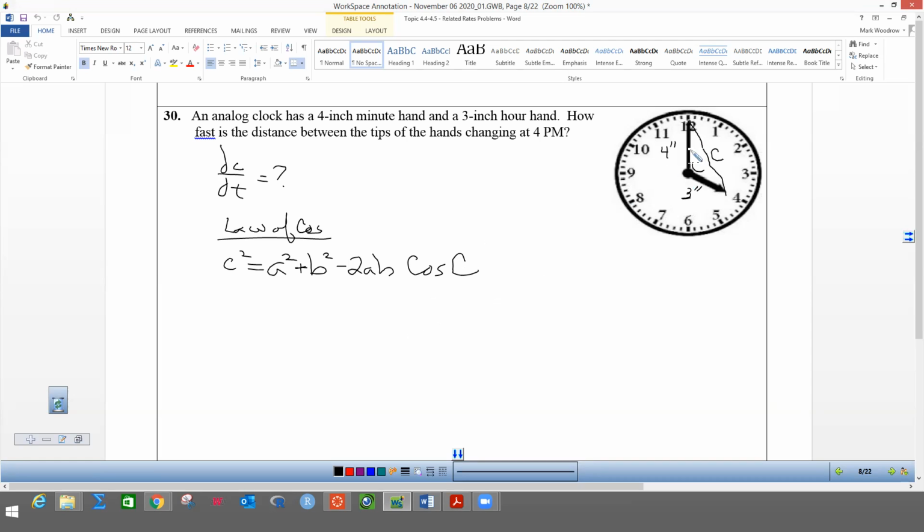So what we know is this, I'm going to call this A and this B. And these hands don't change size. So since they're always 4 inches and 3 inches, we can plug those into the formula right now.